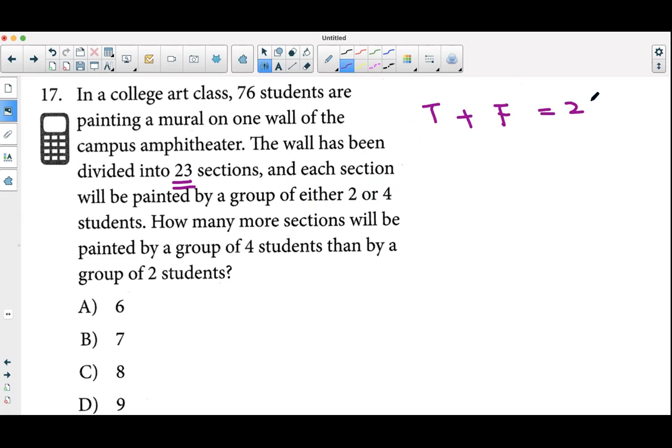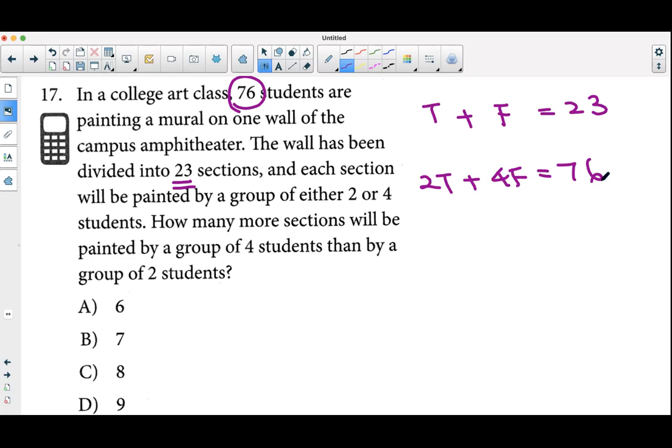When I add them up, I have a total of 23 sections. But in terms of total number of students, we have 2T plus 4F is equal to 76. That's essentially what we have. Can you see the setup? How many more sections will be painted by a group of 4 students than a group of 2 students? That's what we have to look at.